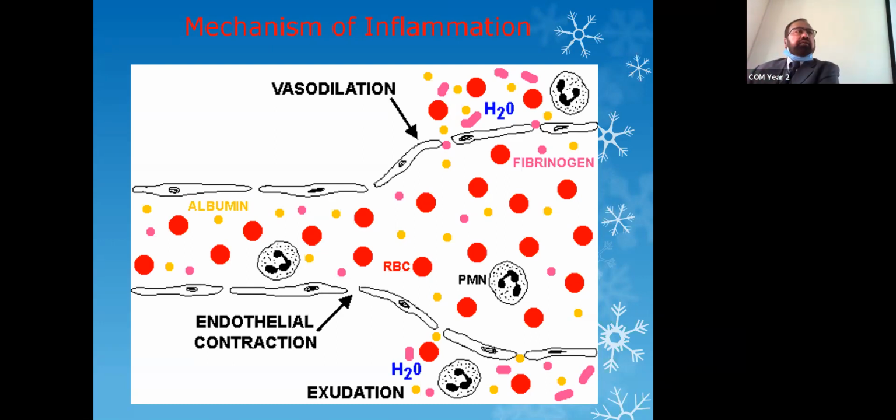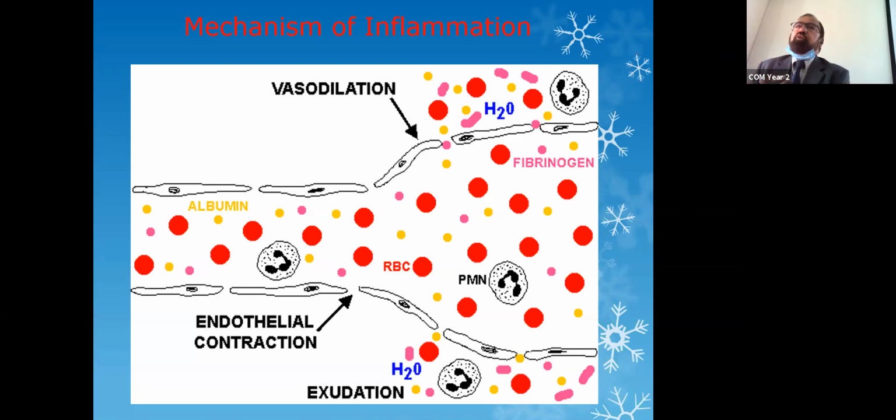But what happened here? Suddenly, if you increase the size of the vessel, there will be turbulence. So in turbulence, the cells which were in an axial flow will not be in an axial flow now. The first thing, the RBCs come together and form a rouleau formation.